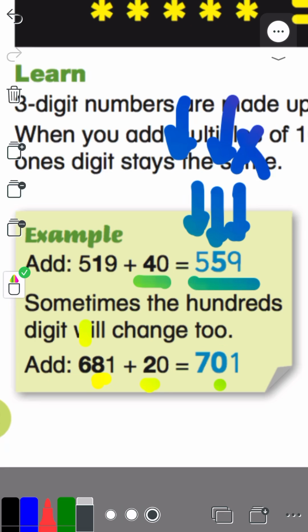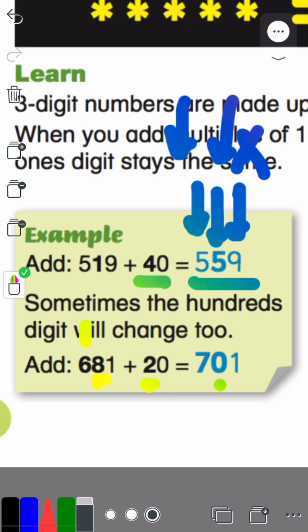Why? Because 80 plus 20 equals 100. So here we have 100 more than 600 equals 700. And we can do it in the 2 ways we described before, like adding the ones, tens, and hundreds above each other, or by counting on in tens.